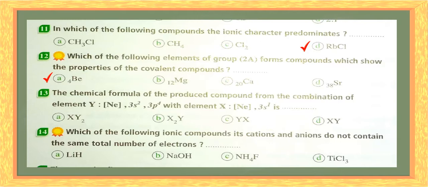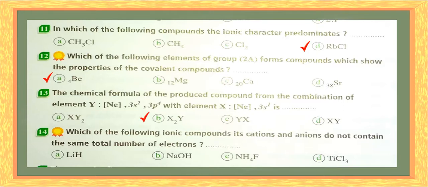In the outer shell of Y we have 6 electrons, so it needs 2, so Y is divalent, and X has 1 electron, so it is monovalent. When we exchange valences, X gives 1 to Y and Y gives 2, so it will be X2Y. The right answer is letter B, X2Y.